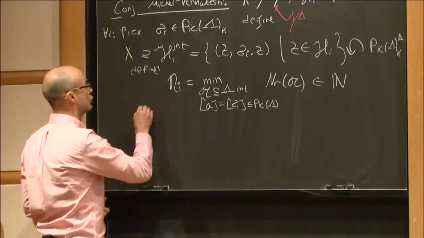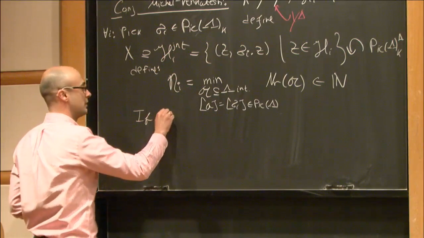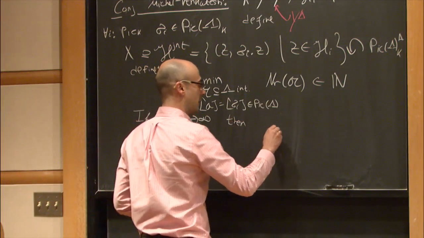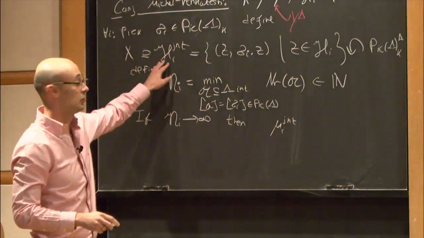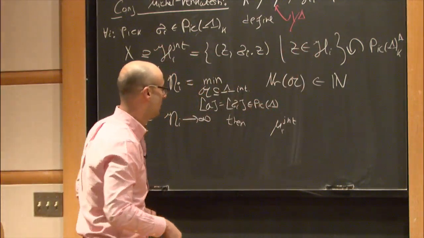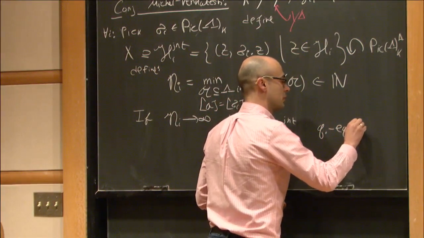And the conjecture says that if, not only the discriminant goes to infinity, but also this N_i goes to infinity, then the mu_i joint, which I didn't define, but they are just the normalized counting measures on this thing, which is the Galois or Picard orbit of such a point, quasi-equidistribute. So what does it mean?